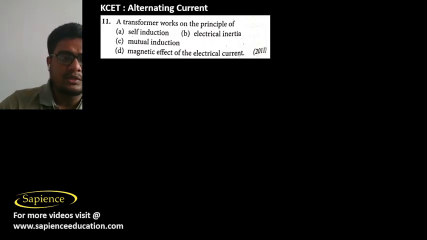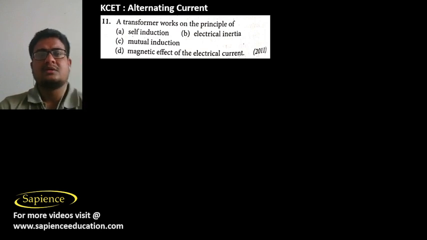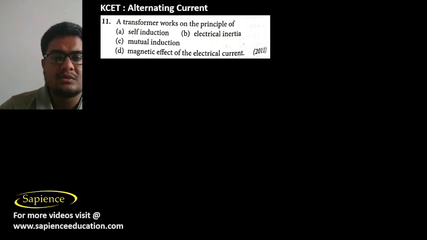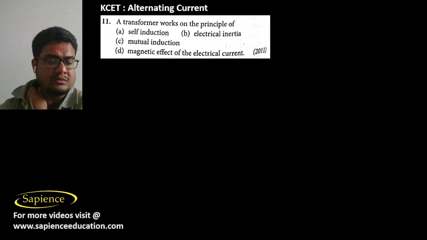Then question number 11, it is told a transformer works on the principle of self-induction, mutual induction, electrical inertia, or magnetic effect of the electric current. A transformer works on the principle of mutual induction.